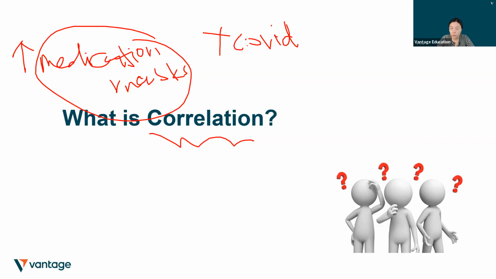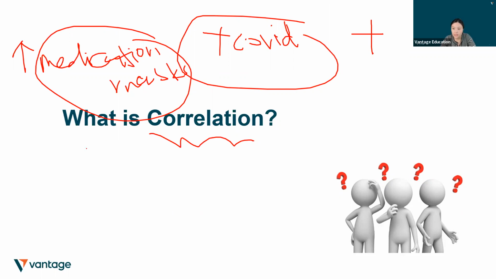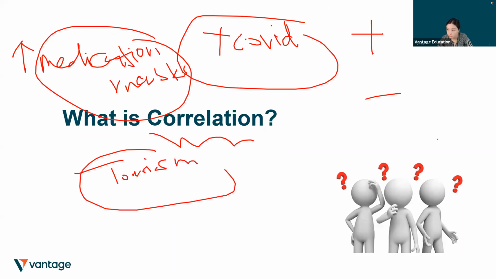So they are positively correlated. Then there is negatively correlated, meaning if I have a lot of COVID cases, what goes in the opposite direction? I can think of tourism. You can't travel when there's COVID. So when COVID cases go up, tourism goes down.